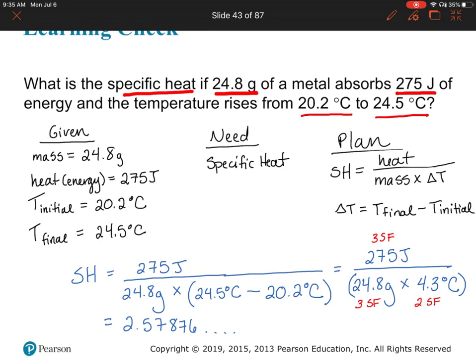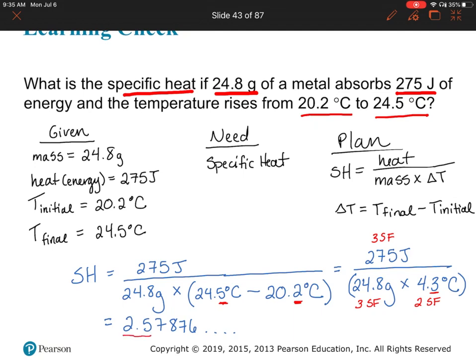So remember, when we're adding or subtracting, we care about the decimal place. So when we did that problem, we got 4.3, which ends in the tenths place. But when we're multiplying and dividing, we care about the sig figs. All right, so our temperature change actually only has 2 sig figs. So that's going to determine our final answer.